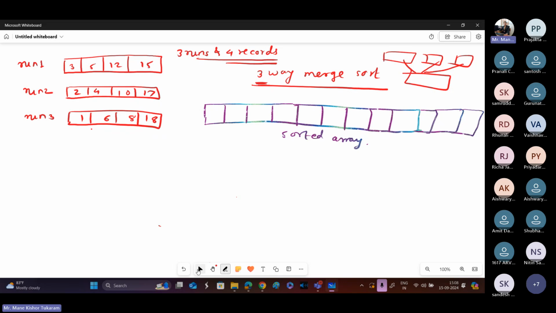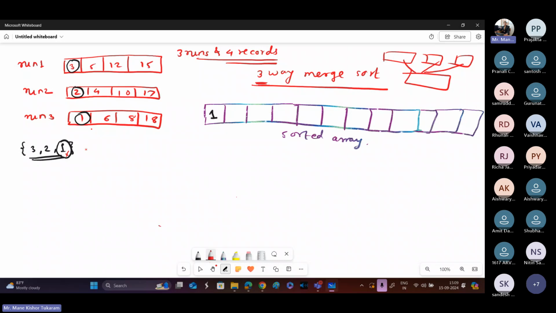Now, what is my requirement? I have to load the first content from each run. So I initially take 3, 2, 1. Okay, so I search for the lowest element. The lowest element is 1. So I shift that element to the first position. Whenever you delete this content, then from the same run you have to load another element.